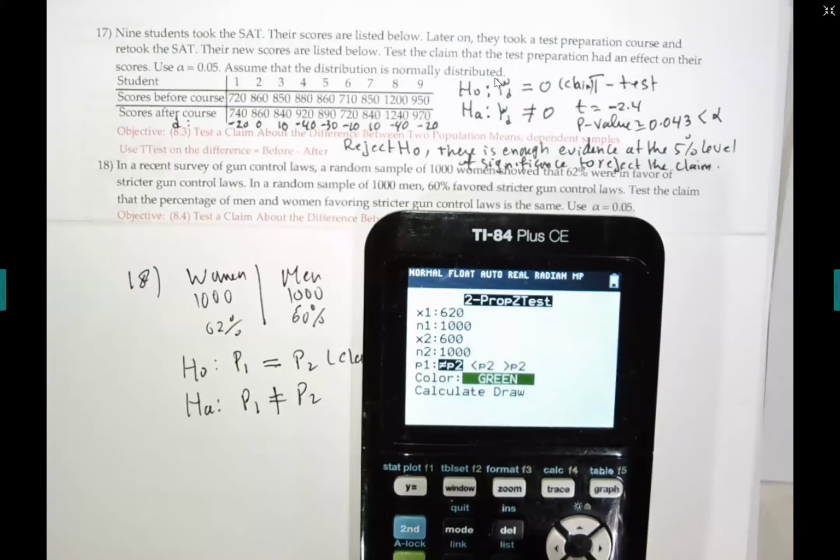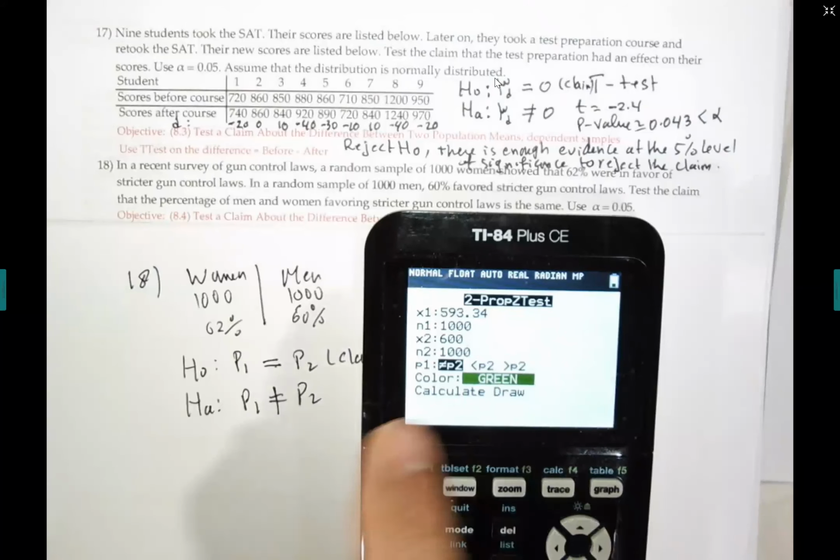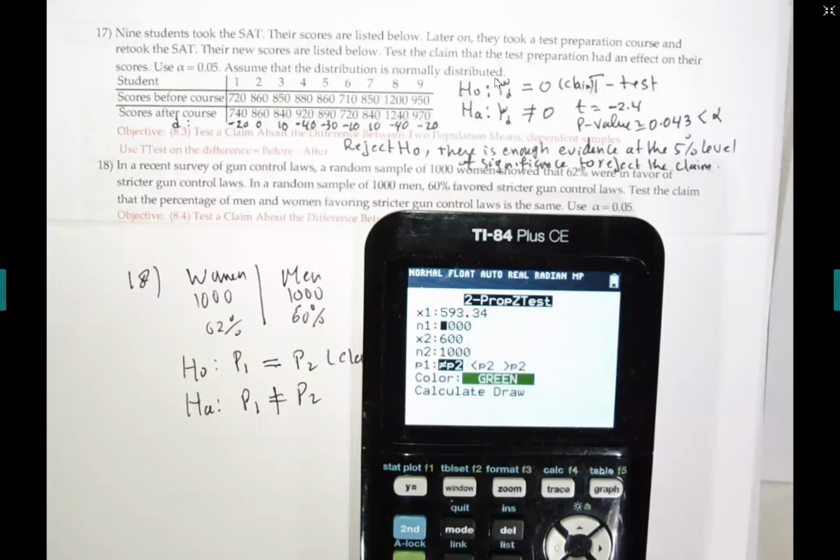Okay. But one thing I want to bring to your attention. I'll change it back to 620. Let's suppose n was 957 and you do 62% times 957. Look what happens. I got a decimal. If you run the test with the decimal, the calculator is going to halt and tell you there is an error.